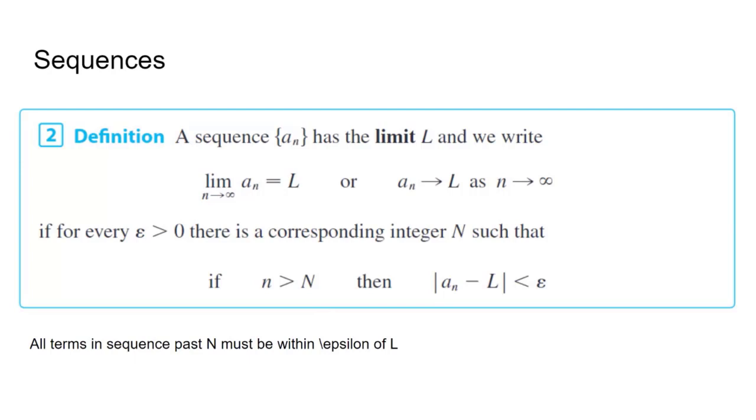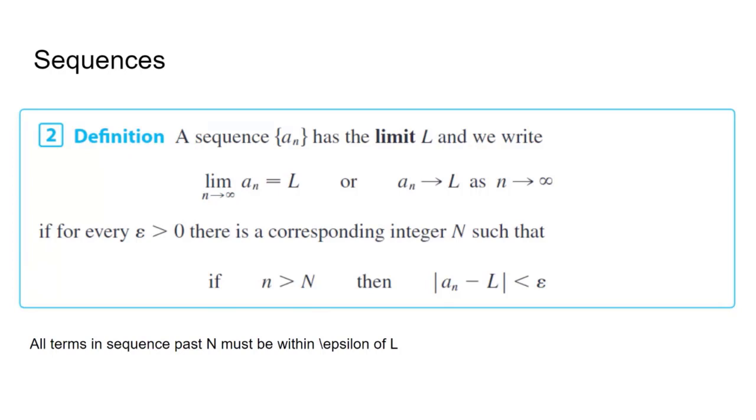So the corresponding integer N is a function of epsilon most of the time. And so what this is saying is, if we pick sufficiently large n, then the distance, right, absolute value is just a distance, so the distance between a_n and L is less than epsilon.